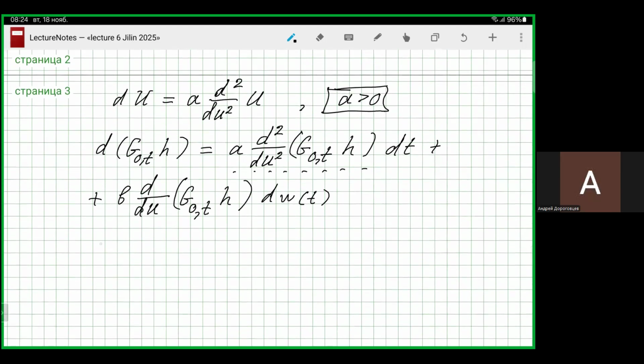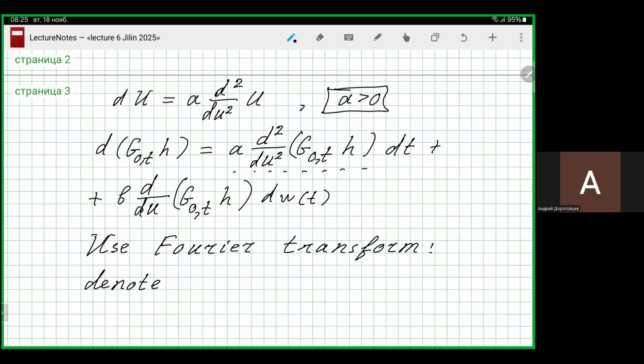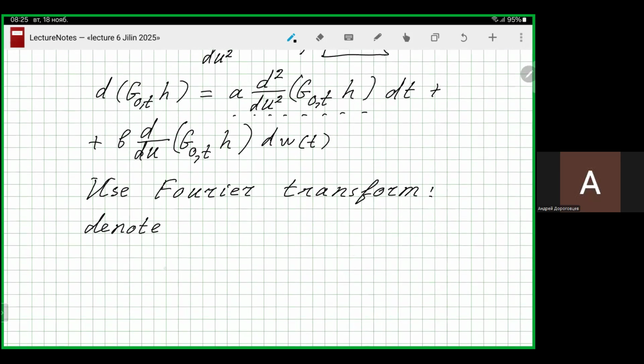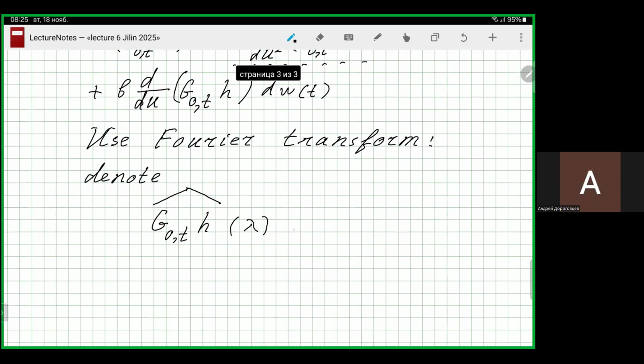Denote the Fourier transform of h, as usual, by a hat, as a function of lambda.